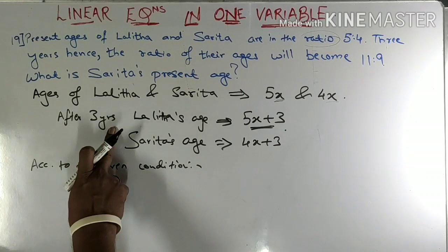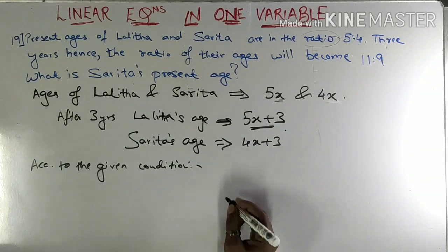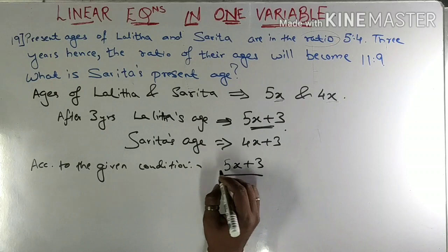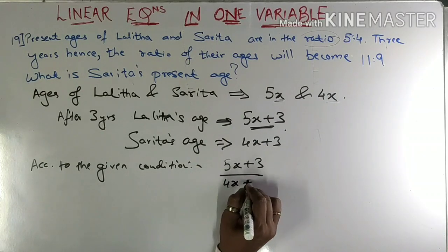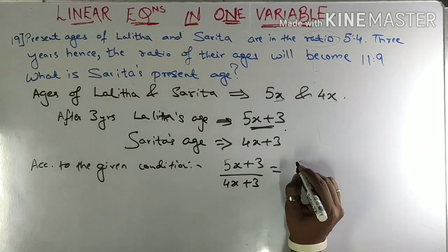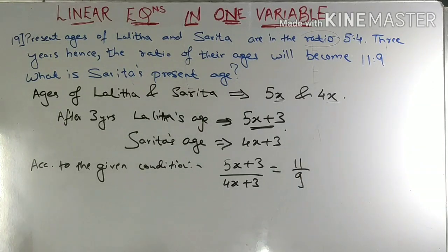That is, after 3 years I got this, but given condition says 11:9. So according to my data, the ratio should have been 5x plus 3 upon 4x plus 3, and according to the given condition, the ratio is 11:9. So we got this equation in one variable.